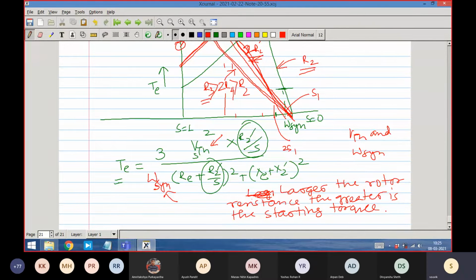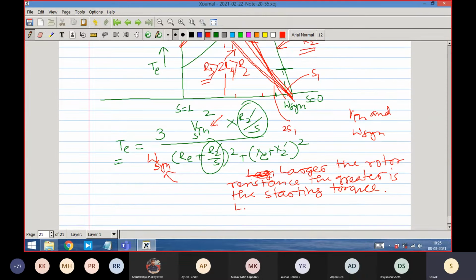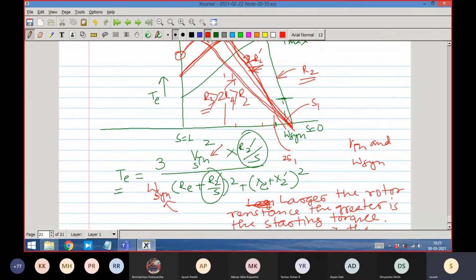And what is the consequence of that? The consequence is that the larger the resistance, the more is the rated slip. Rated torque, we have seen, is here.